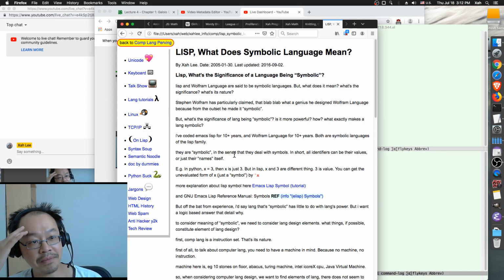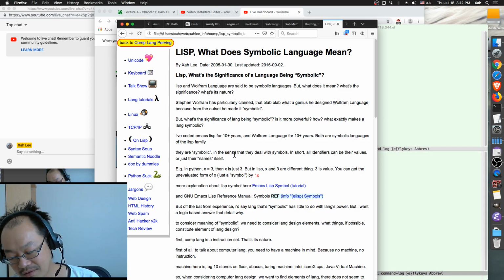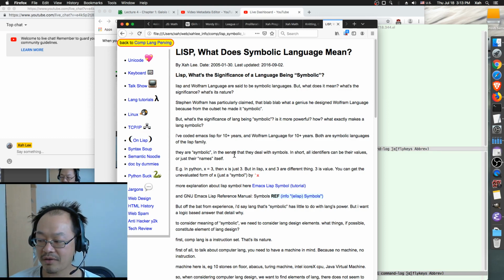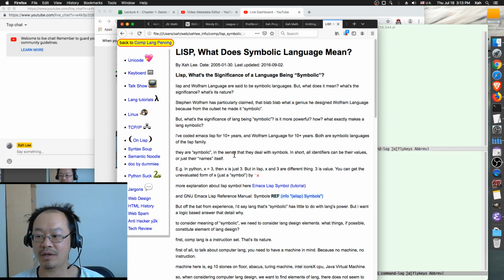Sometimes you wonder, what's the difference between Lisp and other languages? I can tell you. The number one, most fundamental difference between Lisp languages and others is that Lisp has symbols. You don't find this concept in Perl, Python, Ruby, JavaScript, Java, C, C++, even Haskell or OCaml.